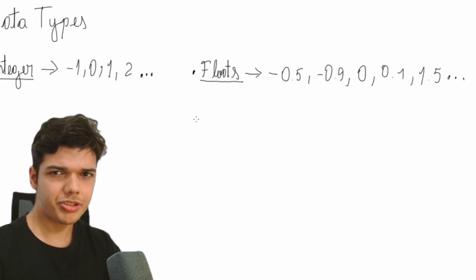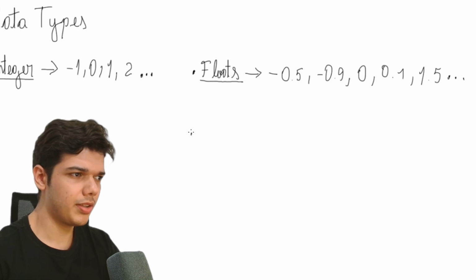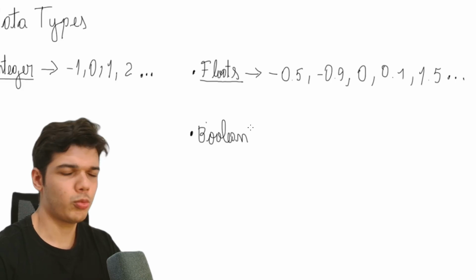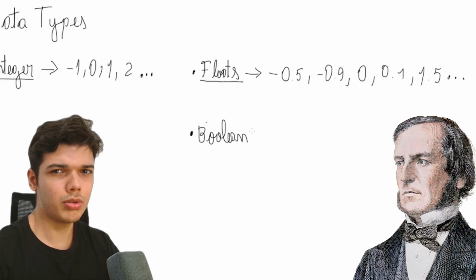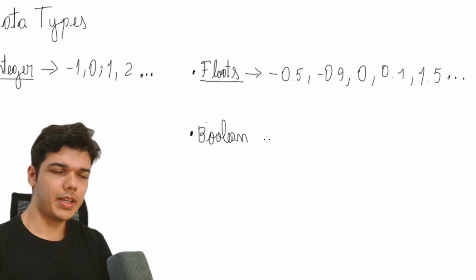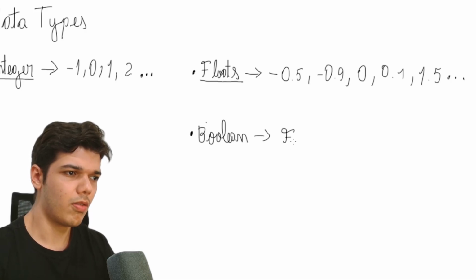Another very important data type that we will use is the Boolean. That was invented by George Boole. And like I said in the boxes example, it stores a value of false or true.